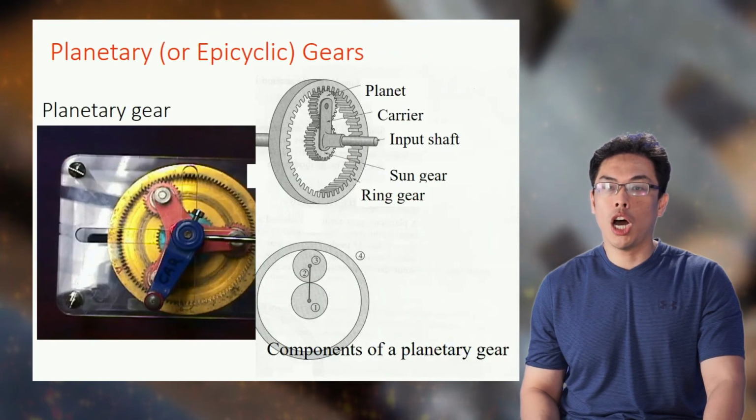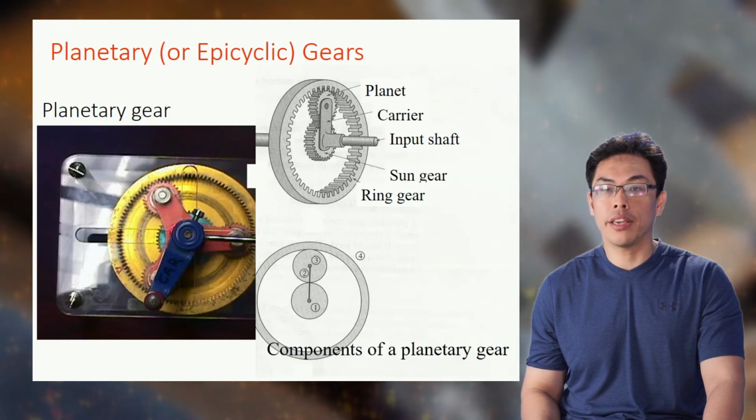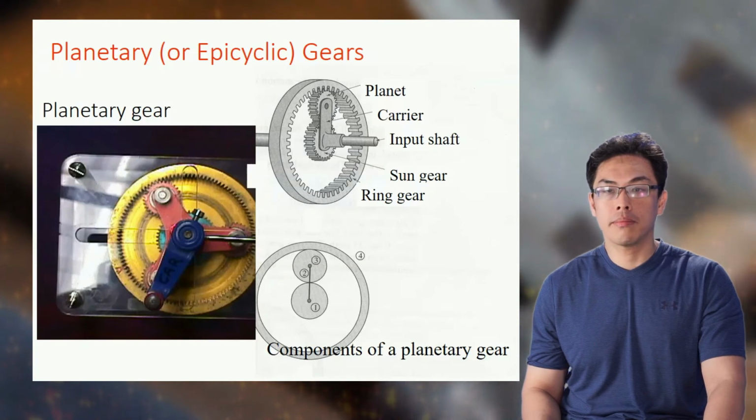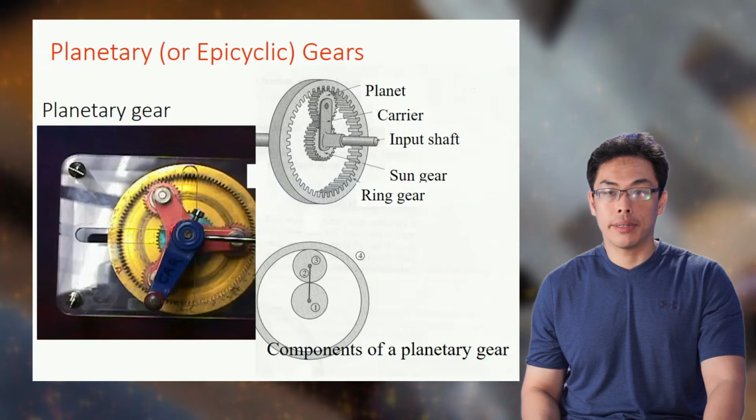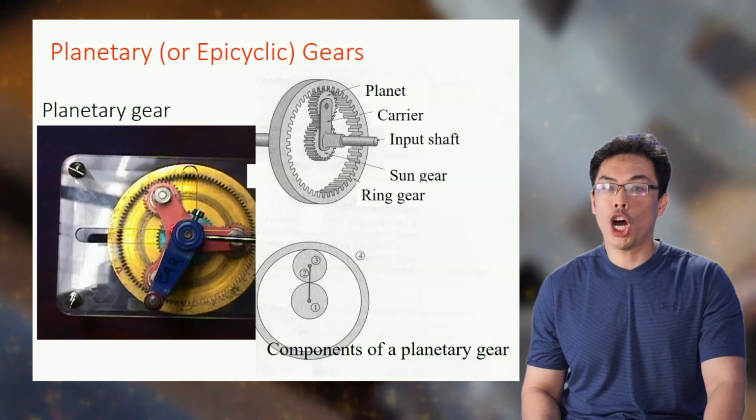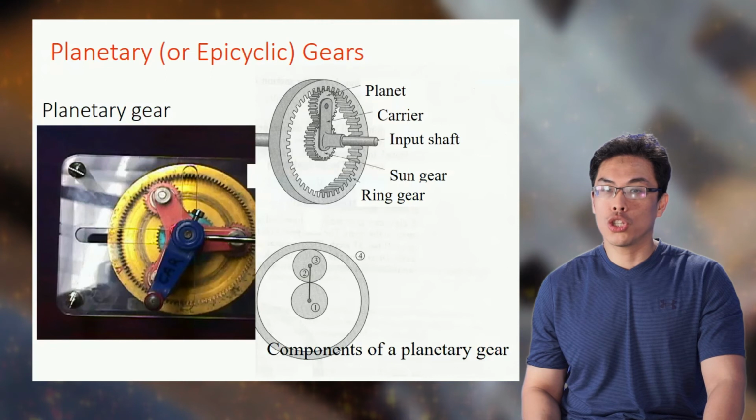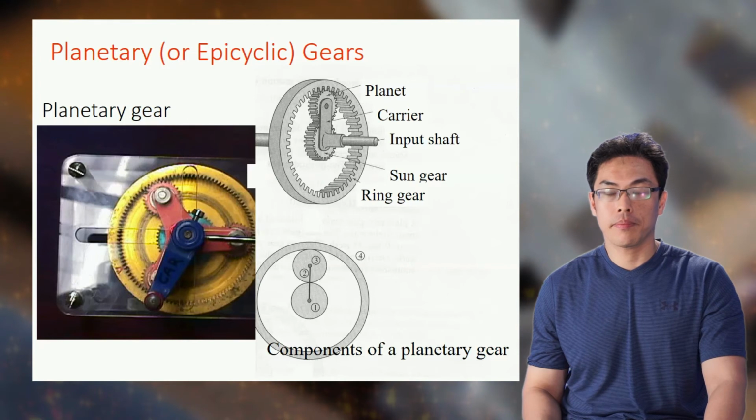Planetary gears, also referred to as epicyclic gearing, consist of three elements: sun gear, planet gear, and ring gear. The sun gear is located at the center, transmitting torque to planet gears orbiting around the sun gear.